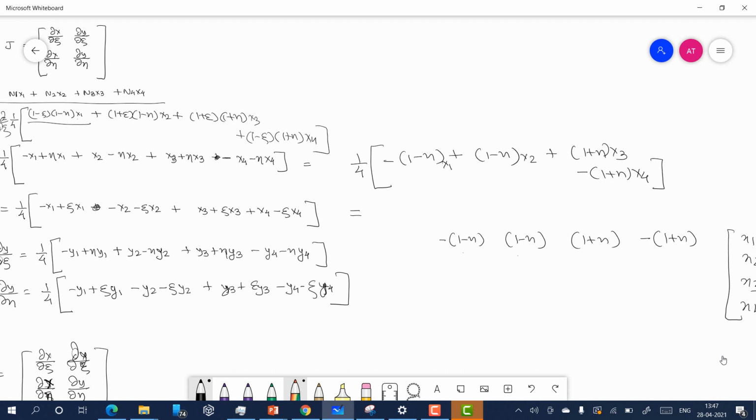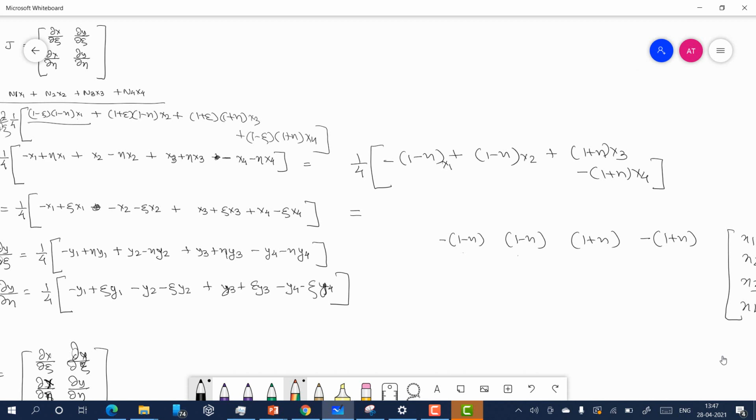The point is, I have to integrate these values of eta and zeta at the end, and I cannot put the values right now. So I cannot actually find out the solution now.